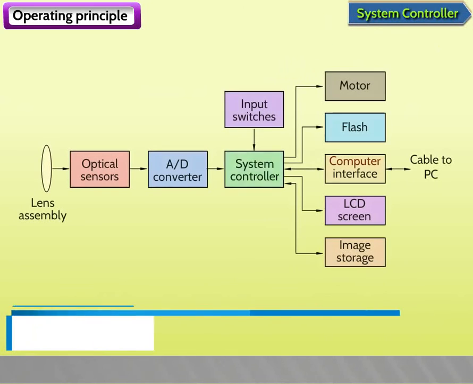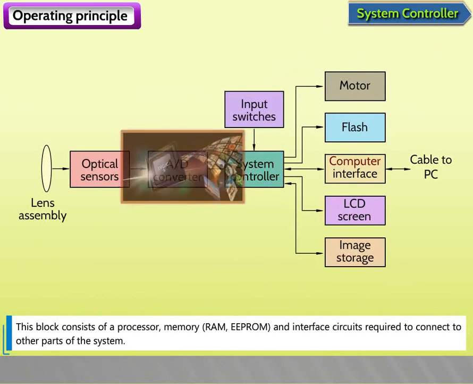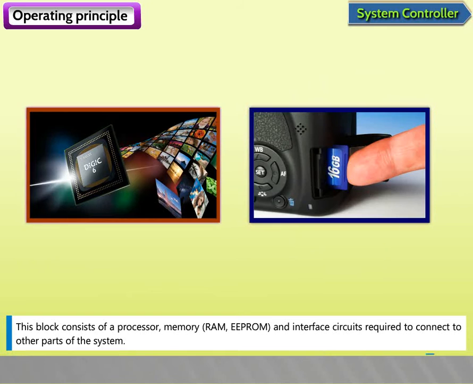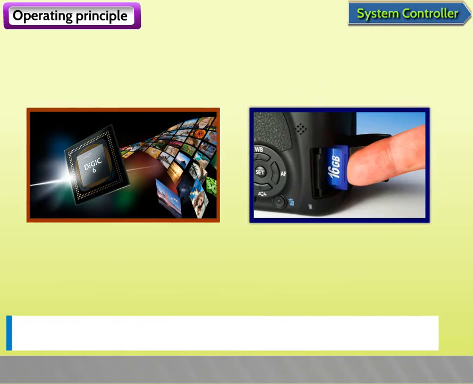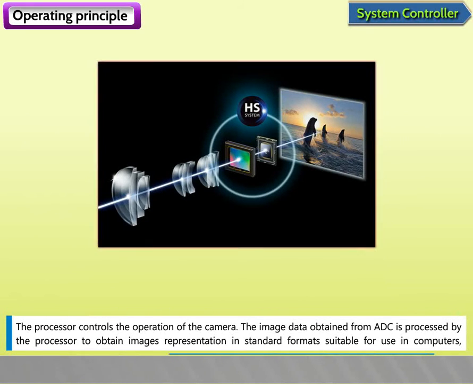System controller. This block consists of a processor, memory, that is RAM, EEPROM, and interface circuits required to connect to other parts of the system. The processor controls the operation of the camera.